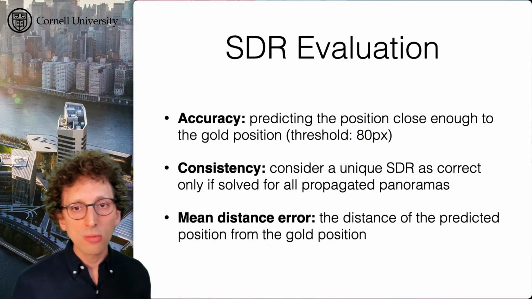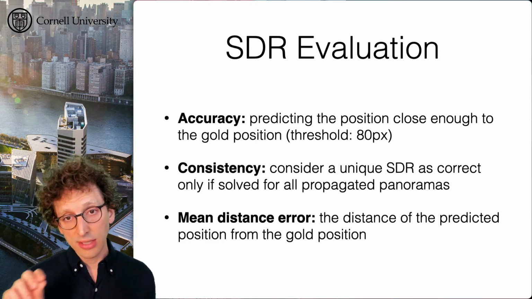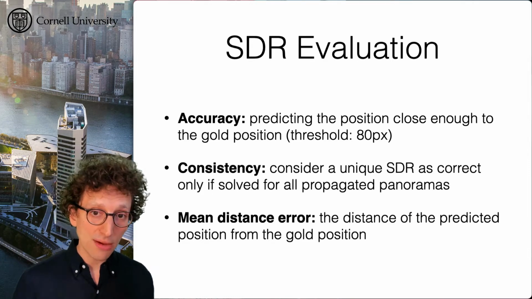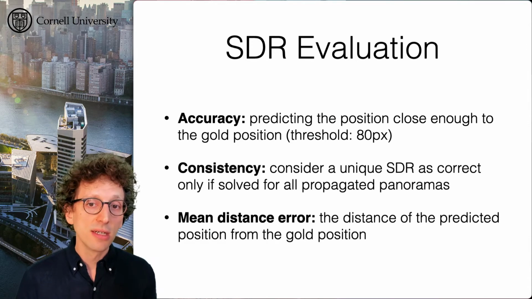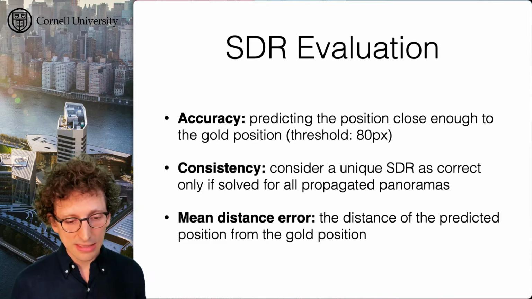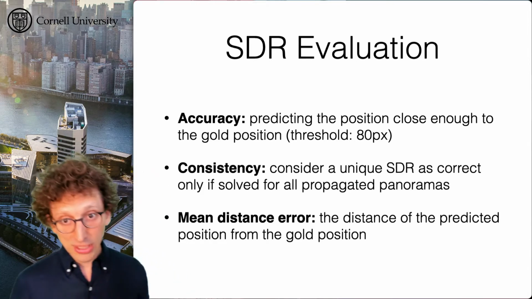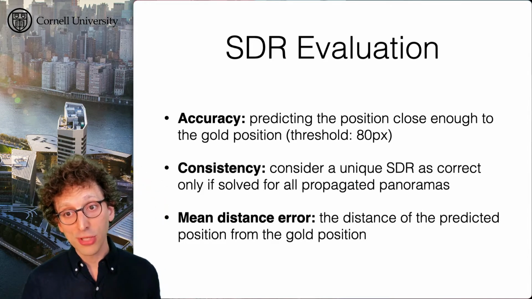For evaluation, we use three measures. We can measure accuracy by checking whether we predict a position close enough to the goal position, and the threshold we use is 80 pixels. We can measure consistency because of how the data was collected: we actually propagated the location of Touchdown to neighboring panoramas.